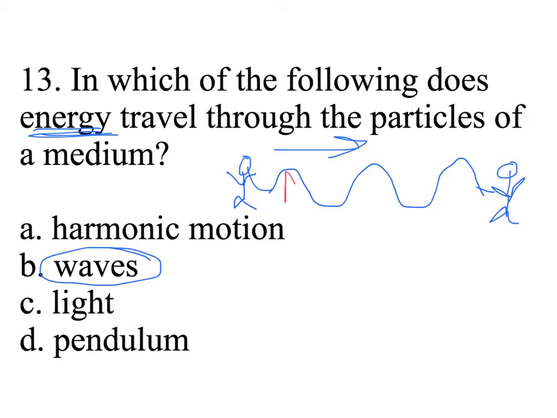The particles of the rope are just going up and down, essentially staying in the same spot over time. But the energy is what's being transmitted from A to B. It's going across like that. So the point of this is to try and equate energy moving with waves.